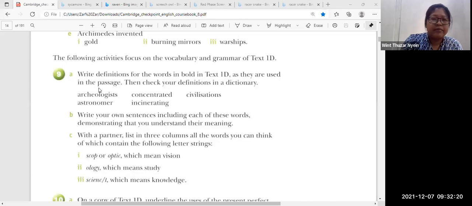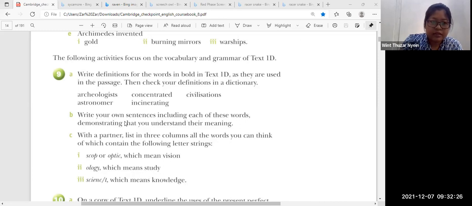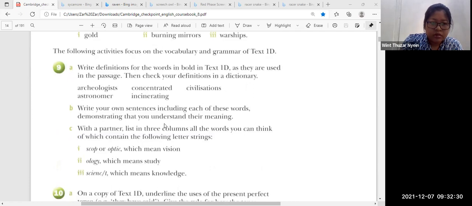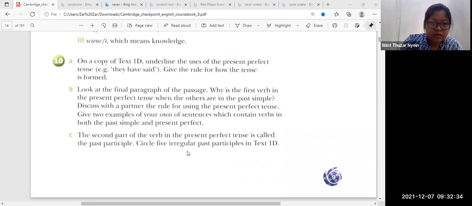So 9A and 9B. Okay, we'll just wait a minute for your friends. So you read the test again while you are waiting for your friends.